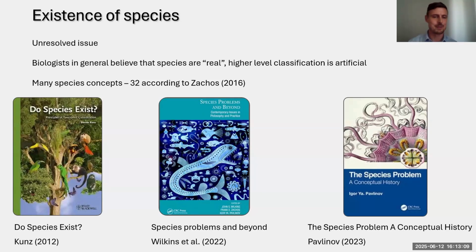So this is just a very short introduction to this topic, but I believe that the fact that we are not entirely sure about the existence and the proper way of defining the species category hugely influences the way that we work in taxonomy, when we are trying to delimitate species, even though there is no clear definition of what a species actually is.